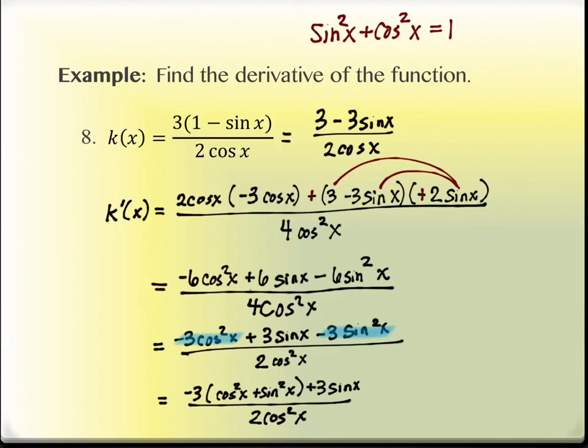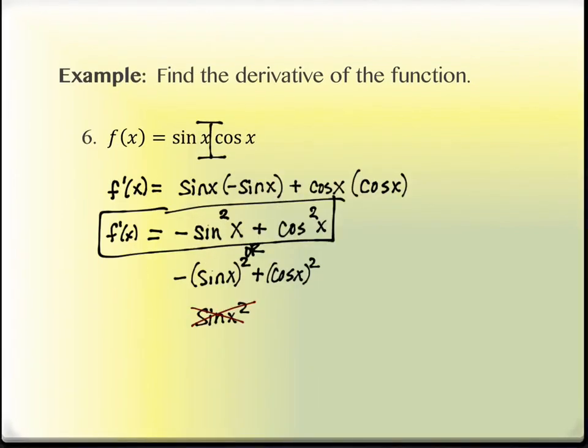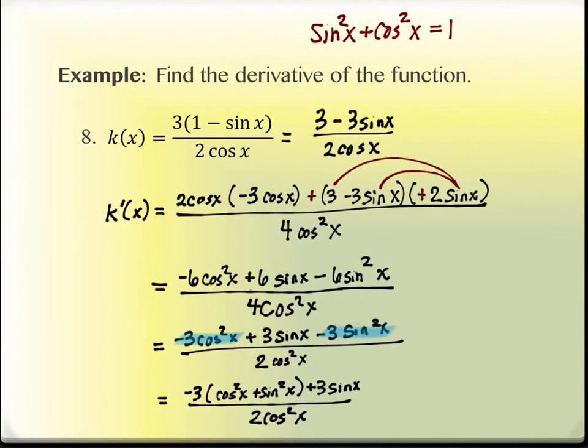Notice we almost had that happen over here. Why didn't we have that happen here? Yeah, one of them was negative and one of them was positive. So the Pythagorean identity only works when they're both the same sign, whatever the sign is. So this piece that's in parentheses now is equal to 1.